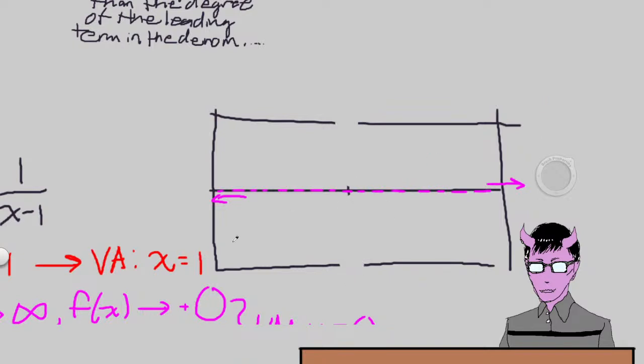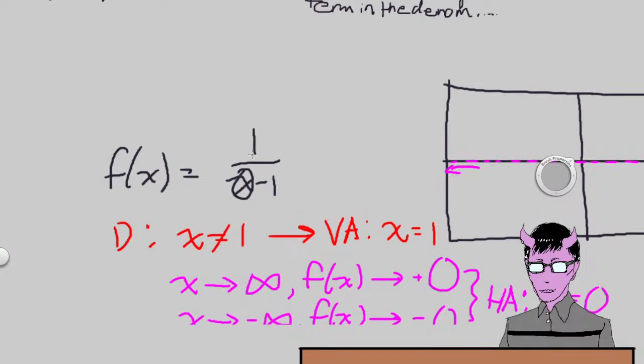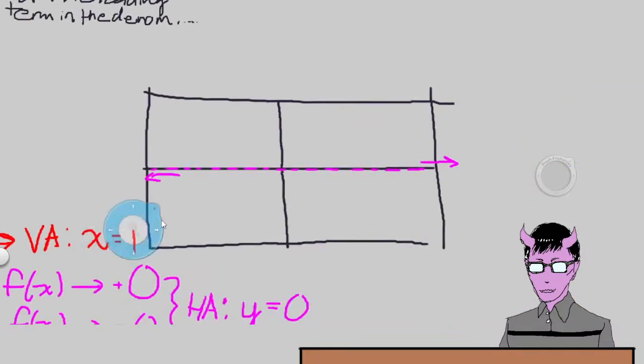Let me rectify that. This is the y-axis. x can be equal to 0, because if you plug in 0, 1 over 0 minus 1 is a clean negative 1. So 0 is within the domain of your function.